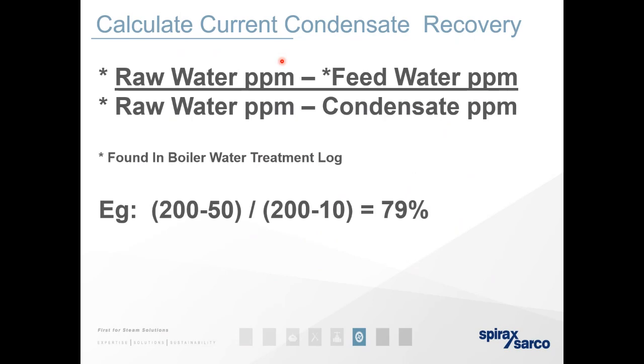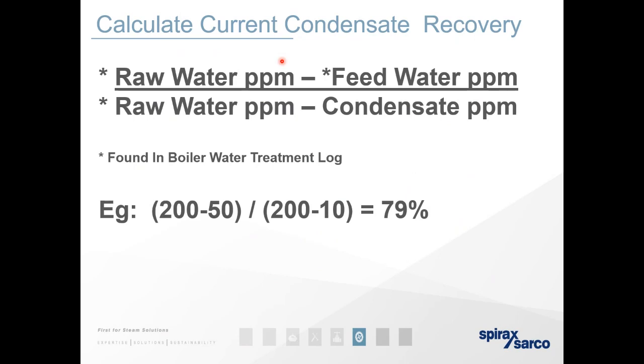Please clarify, is feed water the makeup water from the softeners, or the water in the feed water tank, which is makeup water plus condensate? Feed water would be makeup water plus condensate. So it tends to be the feed to your boiler.